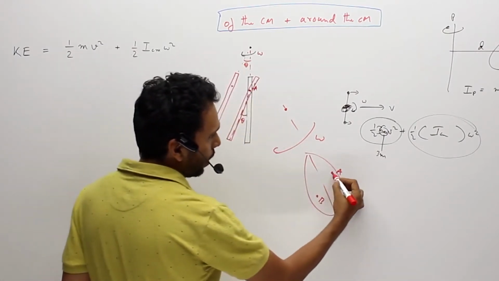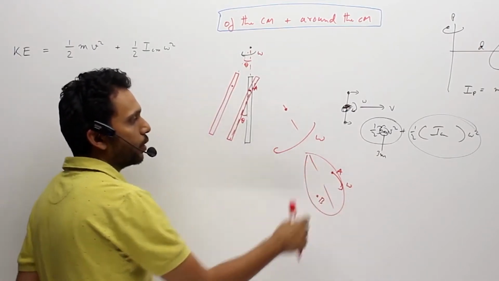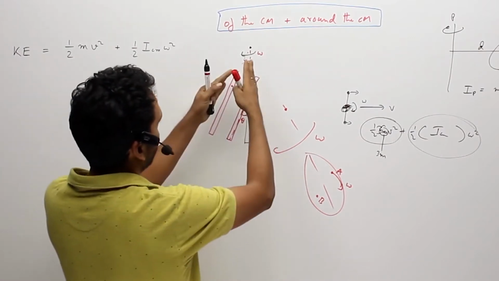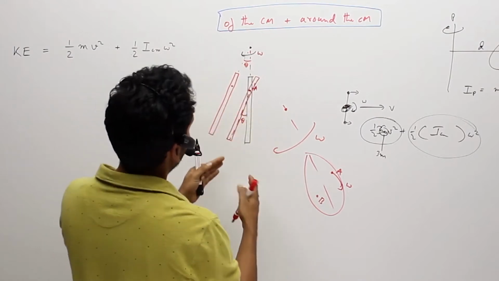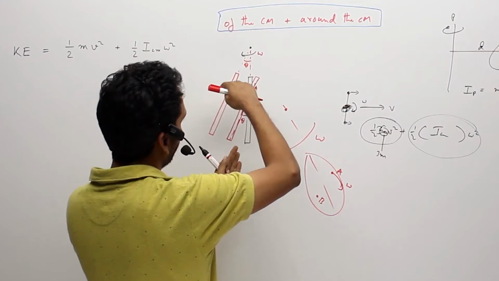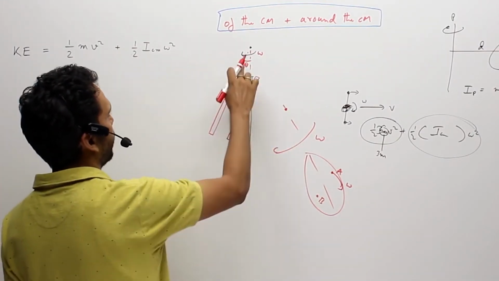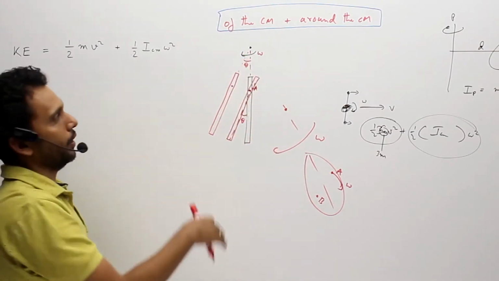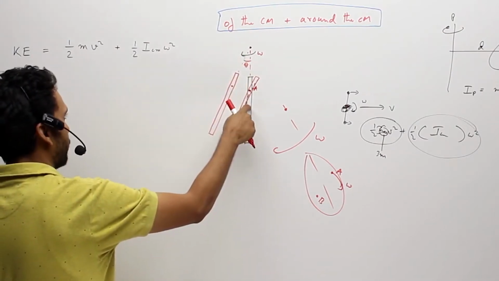So all the points on the body are rotating with omega with respect to any other point. So if I was dealing with a question which was not rotating about the Cm, and I ask what is the angular velocity around the Cm, then the angular velocity around the Cm comes as the same omega, which is equal to the omega about a fixed point.